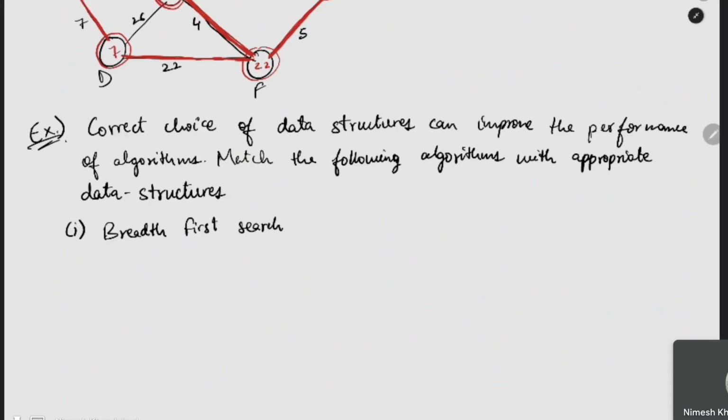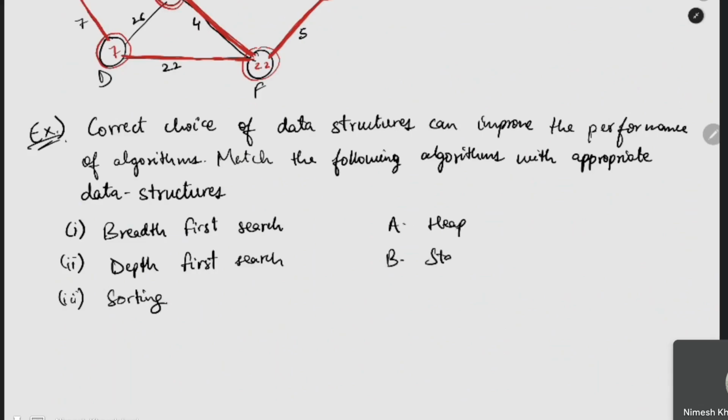So we have BFS, then we have DFS, and then we have sorting. And which data structure is basically better for which algorithm? So basically we need to know how the algorithms work.